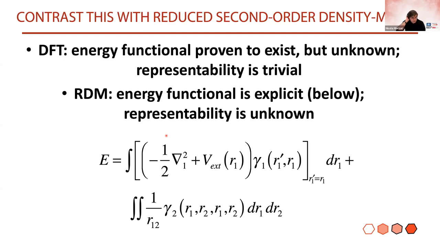And just as a historical note, I want to contrast the density functional theory, where the functional, we know that it exists but is unknown, and on the other hand, the representability is trivial, with a reduced density matrix theory, where actually the energy functional is known.